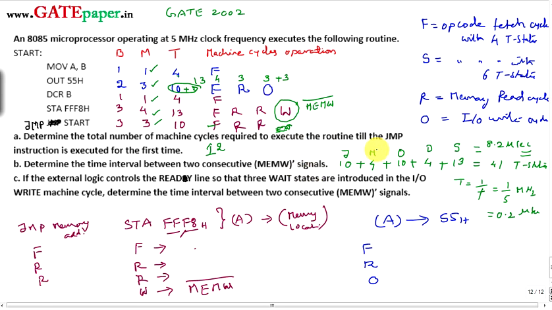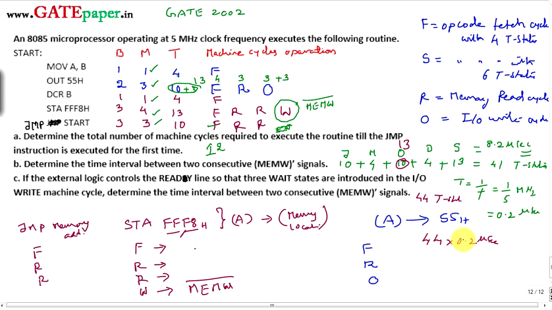So now if you just add 3 to the previous, the total number of cycles between two memory write signals, instead of 10 you are going to write 13. So 41 plus 3 is 44 T states. 44 T states means 44 into 0.2 microseconds.